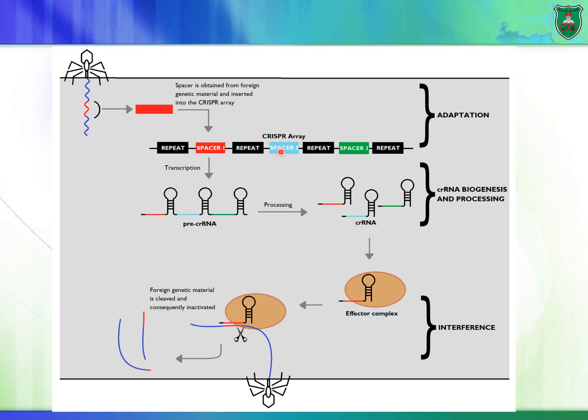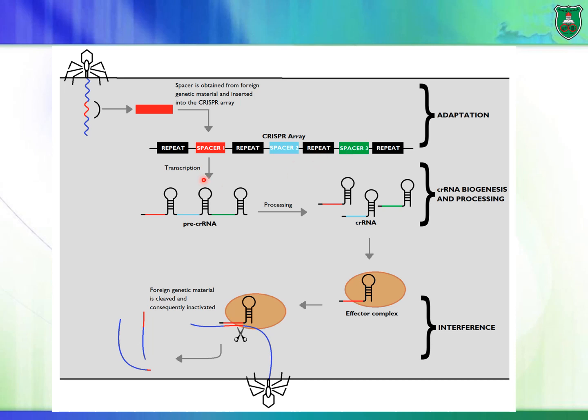Now, this here in blue is actually a bacteriophage that infected bacterial cells previously, and again, bacterial cells took part of its DNA, the phage DNA, and inserted it into its own chromosome. Same thing with the green DNA right here, and so on.